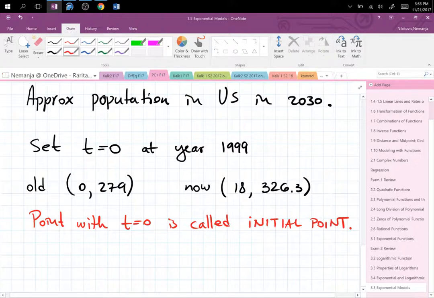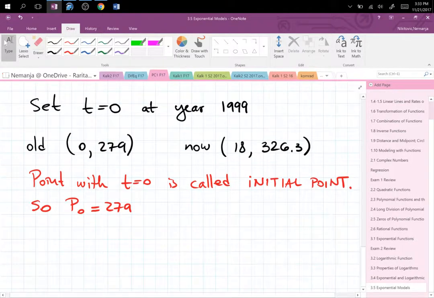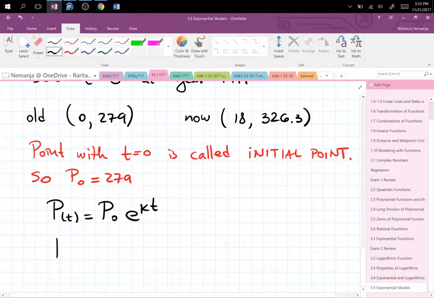Now that means that if you have a point with a 0, it's the initial point, so 279 million is our P0. So P0 equals 279. I am already getting my model, which is P of t equals P0 e to the kt. I already have 279 e to the kt because of the point that is the initial point.